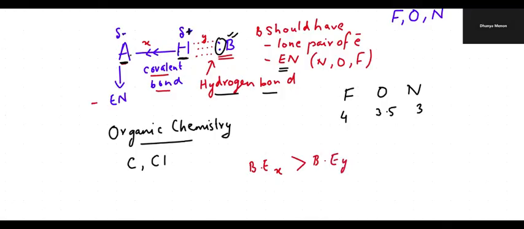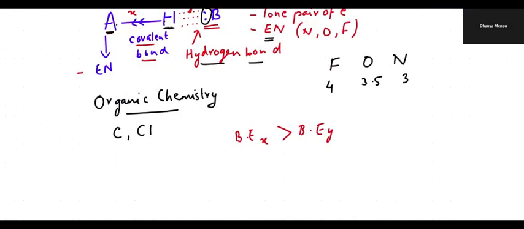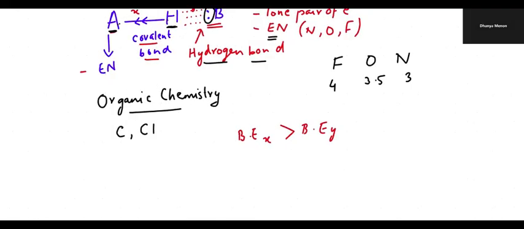So if the bond energy of covalent bond is greater than that of hydrogen bond, what about the bond length? Bond length. If the bond is strong, that means the bond length is shorter, right? So the bond length of covalent bond is less than that of the hydrogen bond. Okay.